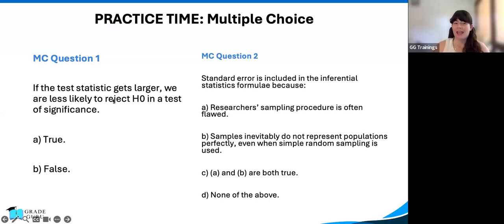I'll tell you why A is not correct: when a researcher's sampling procedure is flawed, that is different from the inevitability of a sample not being perfectly representative. A flawed procedure results in sampling bias, whereas the standard error is more about the sampling error that is inevitable.